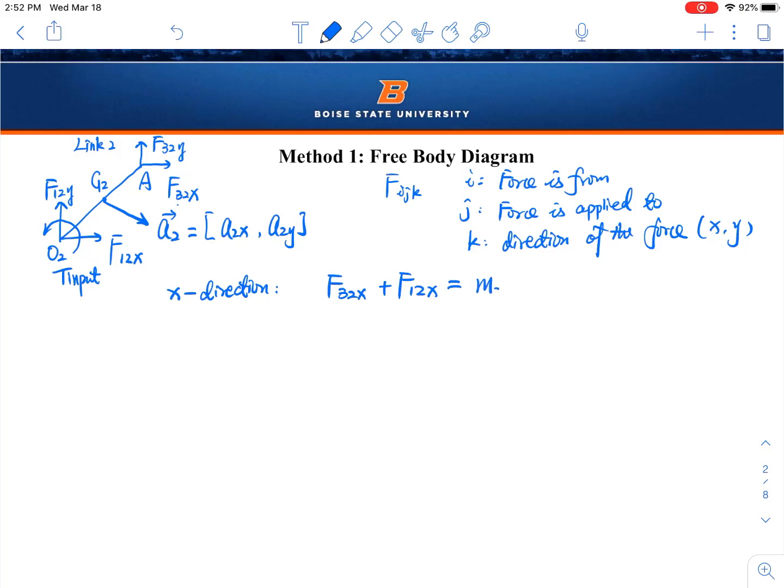So we have M2 A2x. In the same way, you can find the equation along the y direction. So that is F32y plus F12y. So these two forces together are going to create the acceleration along the y direction.